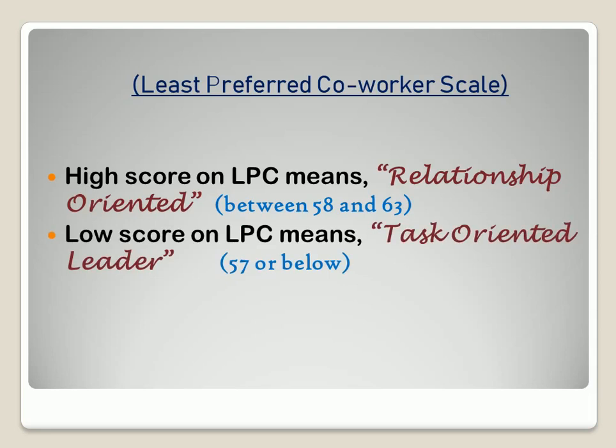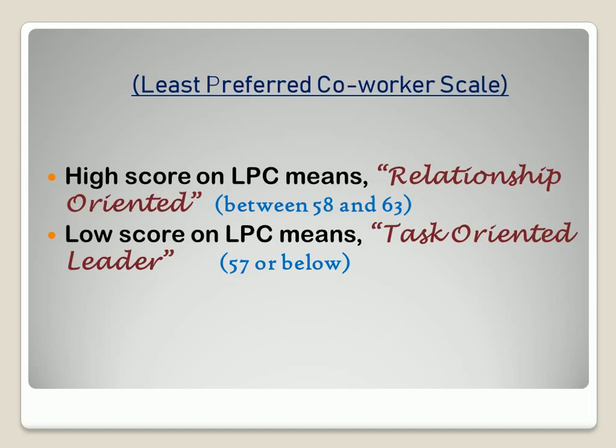We already discussed these two things in earlier videos, and I won't discuss them again here. A low score means you score 57 or below on the LPC scale, and if you score more than 63, that again means the leader is a relationship oriented leader. So this is the first step, and the second is to identify the situation.